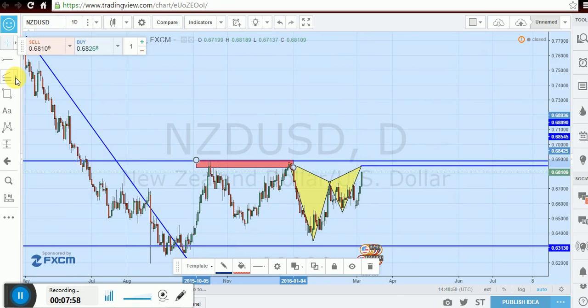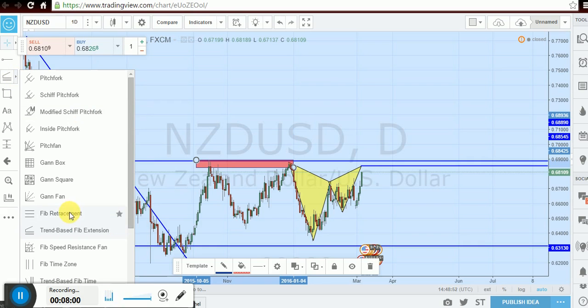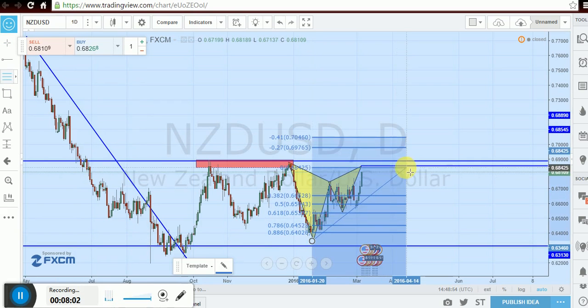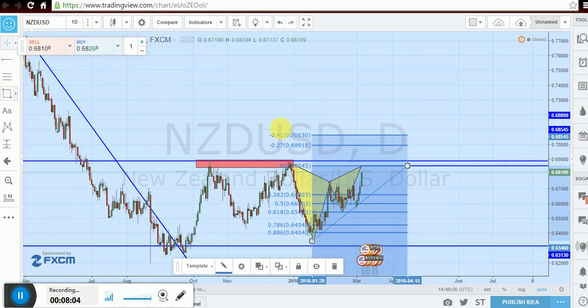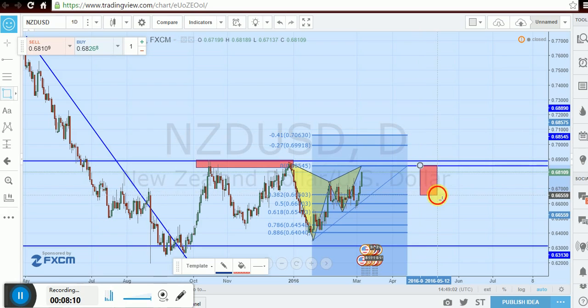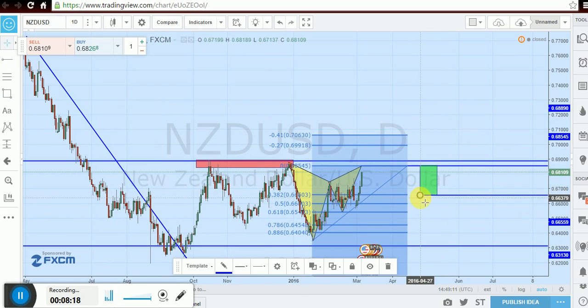Like I mentioned, the risk to reward ratio is very good, because if you take this trade, assuming you enter at around 68.55, you're going to be looking to take your first target off at the 382 retracement, which is going to be around 66.55.